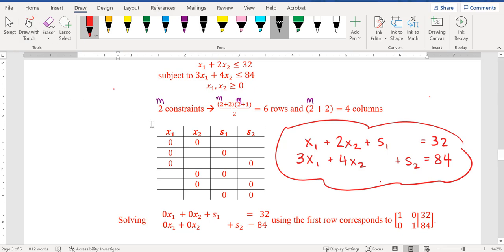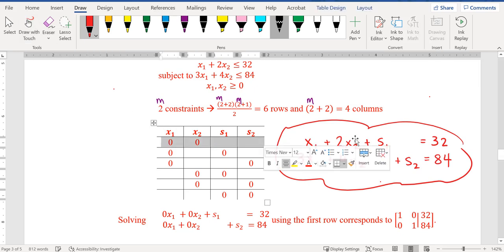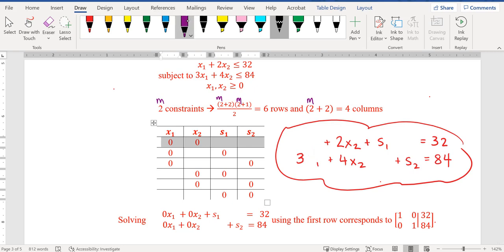Now we're going to use the first row. We plug 0 in for x1 and x2. So our resulting system would be s1 equals 32 and s2 equals 84.